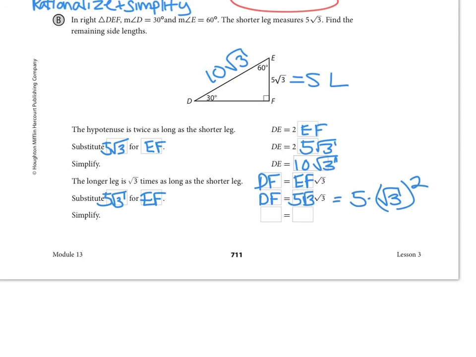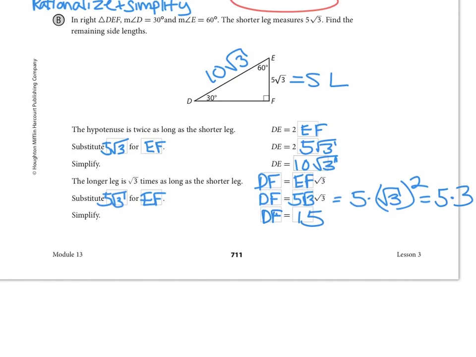And you guys, what happens when we take the square of a square root? It kind of undoes itself and we get the number under the radical symbol. So this is just 3, this part right here. This square of a square root just comes out to be 3. So this product is 5 times 3, or DF equals 15.